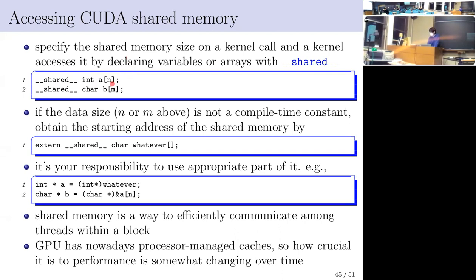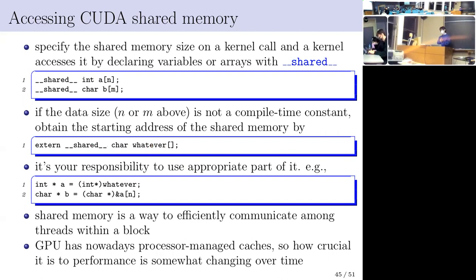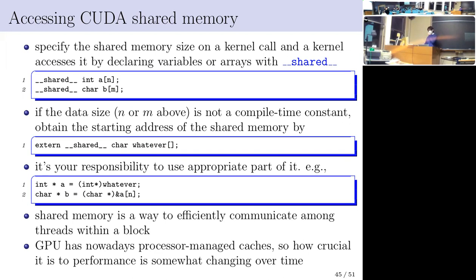And actually, you do not have to make the size of shared memory a compile-time constant. You can do something like this: you say extern __shared__ char whatever, and you don't specify the number of elements of this array. Then this whatever becomes the beginning address of the shared memory. So you can allocate whatever data structure you want in shared memory based on this pointer, this address. You typically do something like this.